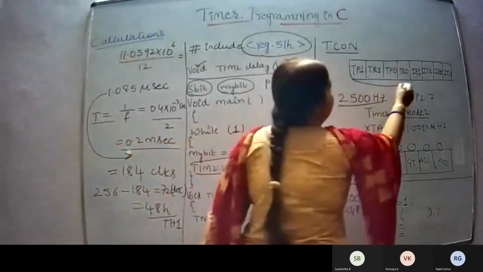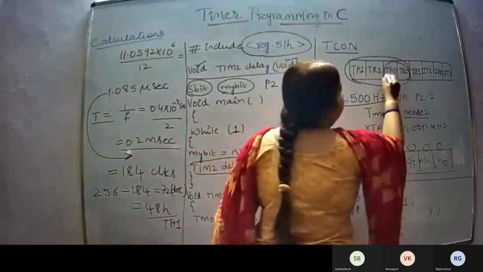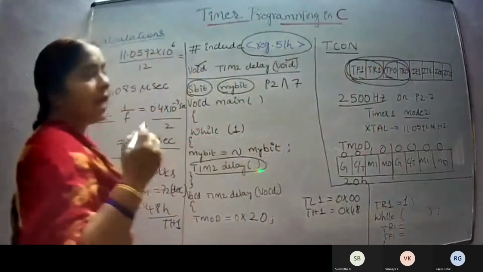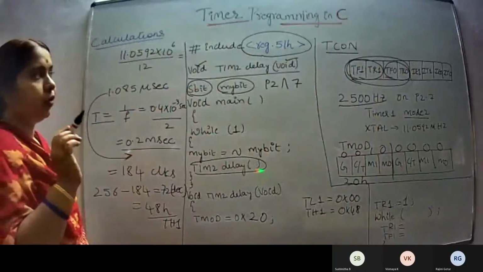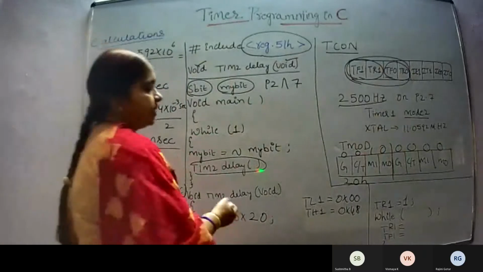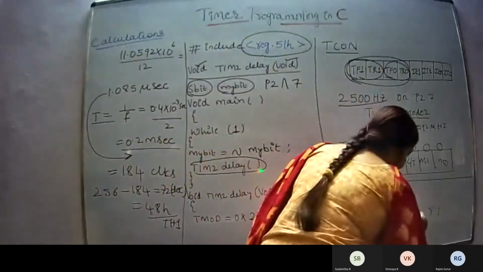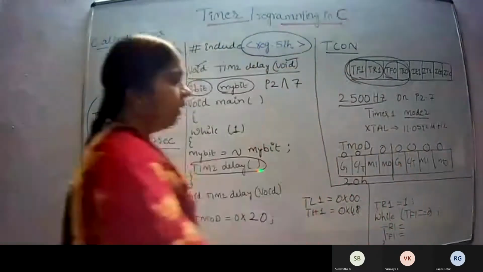All these 4 bits are used for timers: the first 2 for timer 0 and the other 2 for timer 1, just to start the timer and monitor whether it has completed the count. Since it is timer 1, TF1 should be monitored whether it becomes 0.